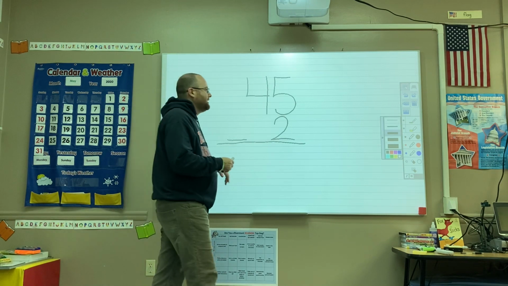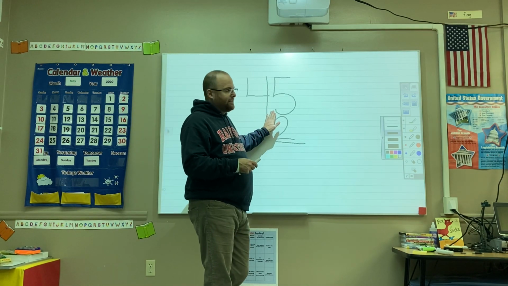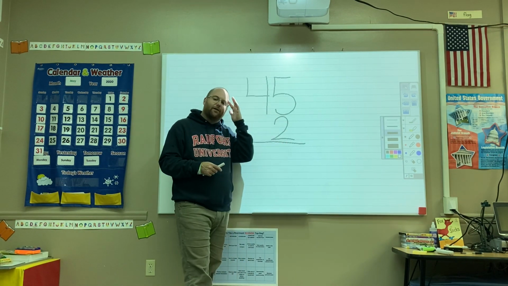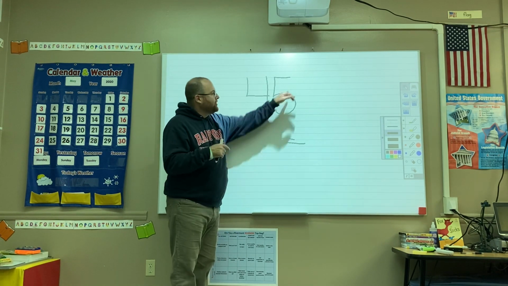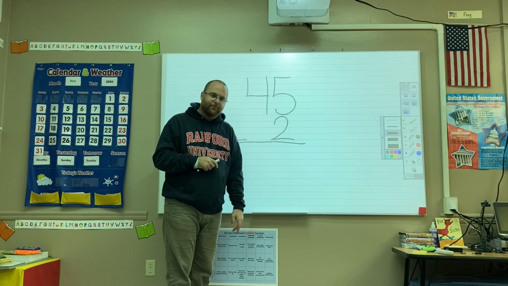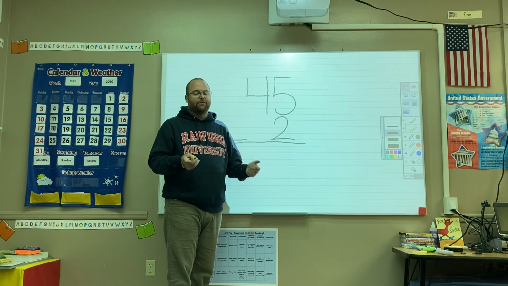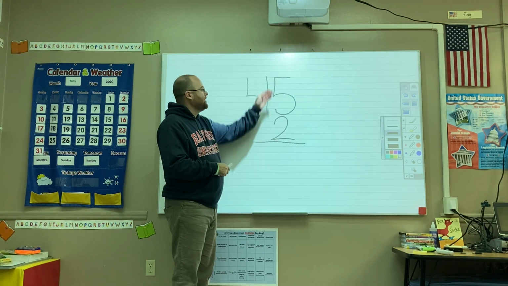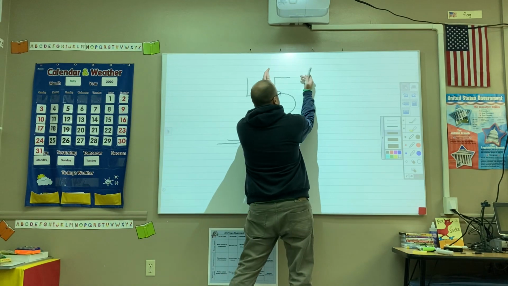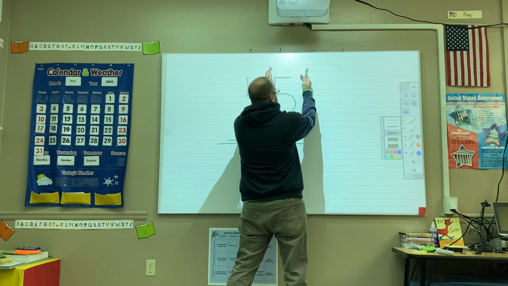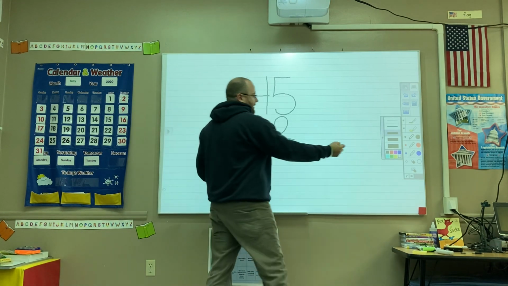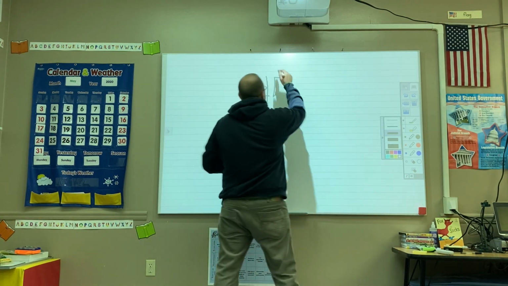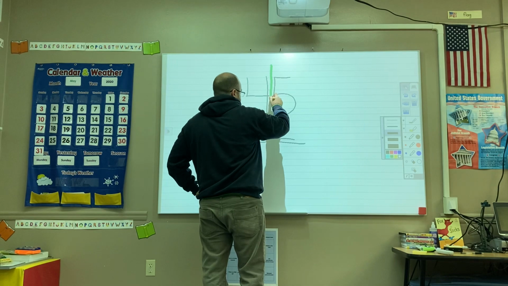All right, 45 isn't like 6, 7, and 8. We can't put those in our head. We don't have 45 fingers. You don't want to draw 45 dots. Well, here's the deal. This is just like addition in the fact that you can only start with the ones place. Draw your imaginary line down there. In this one, I'll draw the real line just so we can see what it looks like.